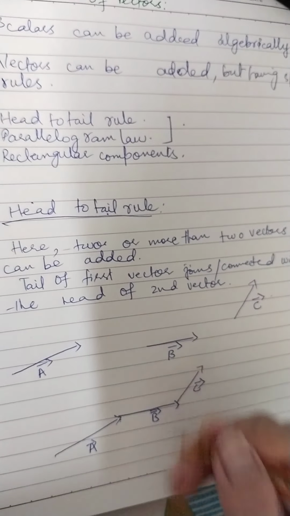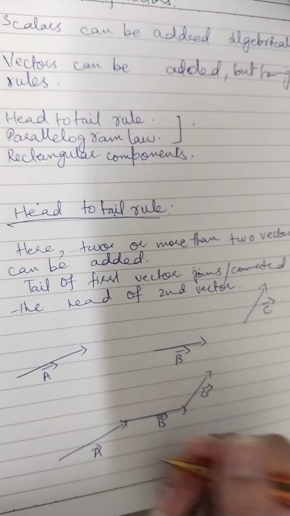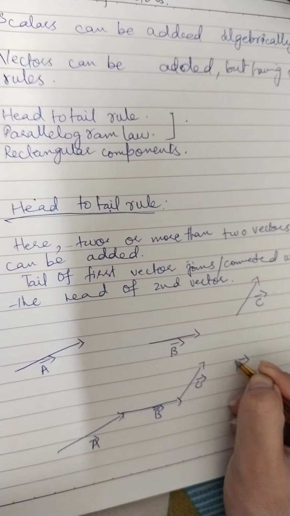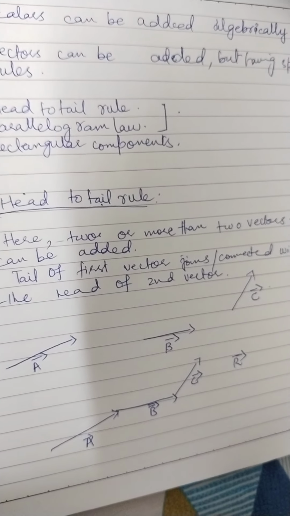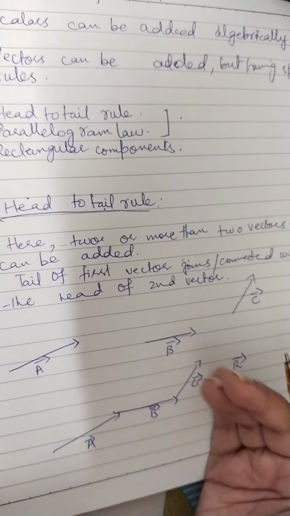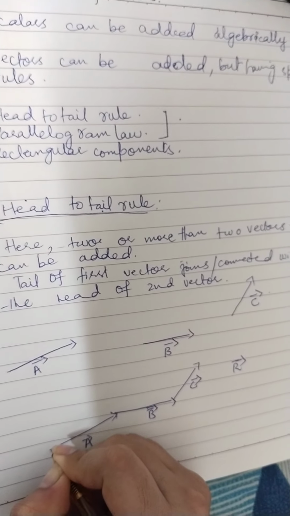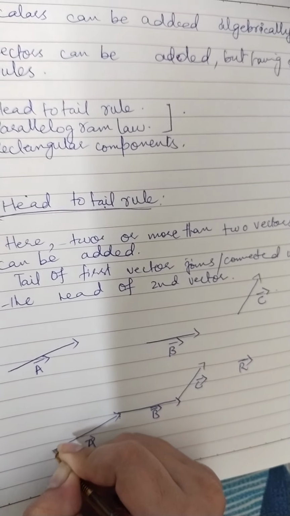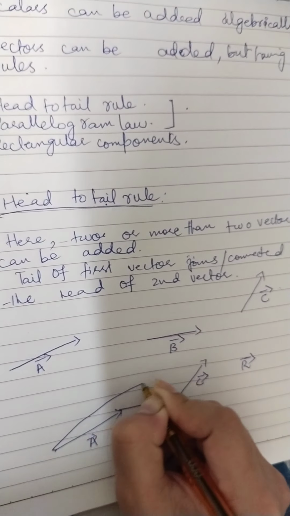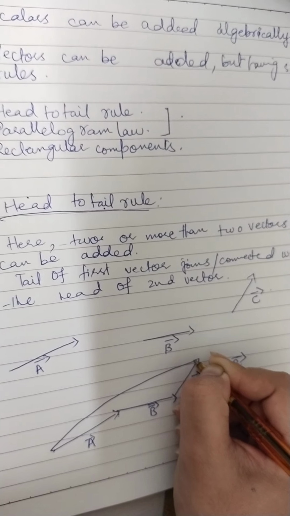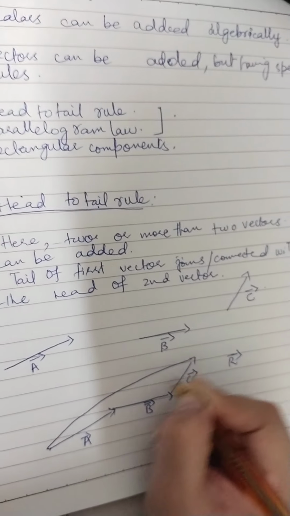But here we want just the answer, and their answer is their resultant. How could we have the outcome or the resultant? Here the tail of the first vector has been connected to the head of the last or third vector.